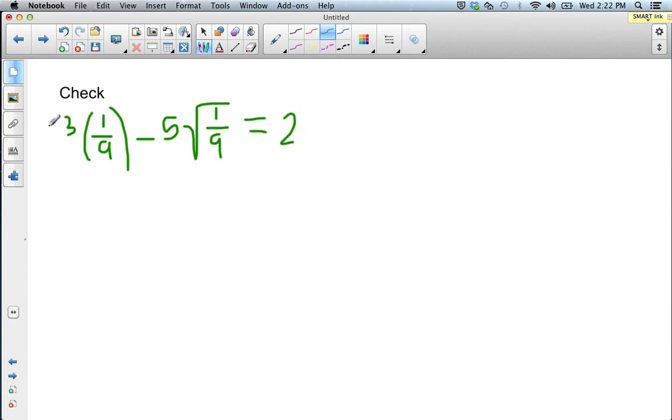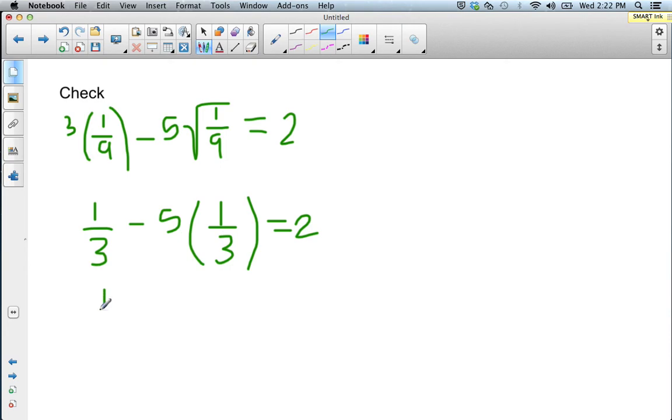So 3 times 1/9, well 3 over 9 simplifies to be 1 over 3, so I'm just going to write this first term as 1 over 3. 3 divided by 3 is 1, 9 divided by 3 is 3. Minus 5 times square root of 1/9, well square root of 1 is 1, square root of 9 is 3, remember this is our principal root, so we're putting positive 1/3, and equals 2. We have a common denominator here.